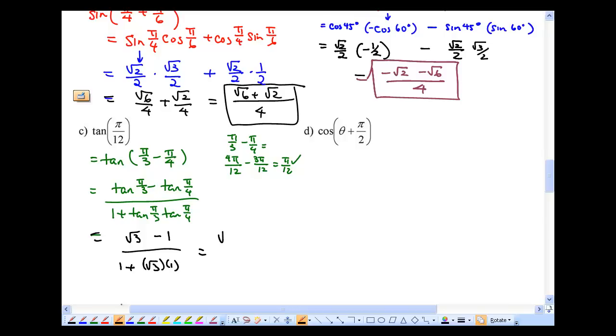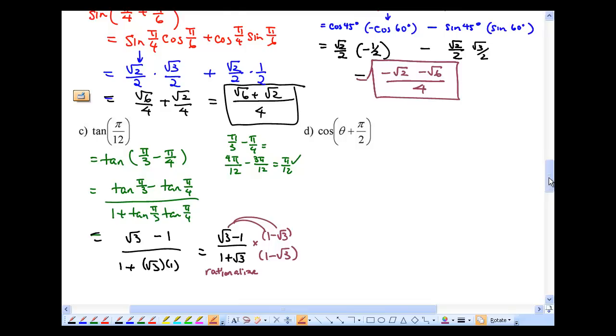1 plus, I think, root 3 times 1. So here we have it, root 3 minus 1 over 1 plus root 3. Done. And for those of you math sticklers, if you want to rationalize the denominator, you can. You don't have to, but you can always rationalize if you don't like having the root 3 in the bottom. We do that by multiplying by its conjugate, which is the same two terms, but the sign is different.